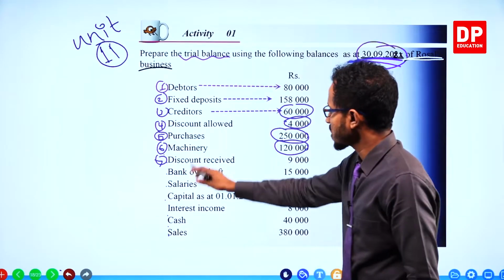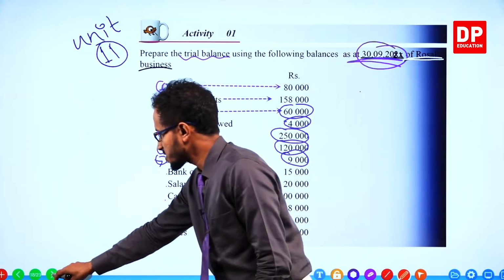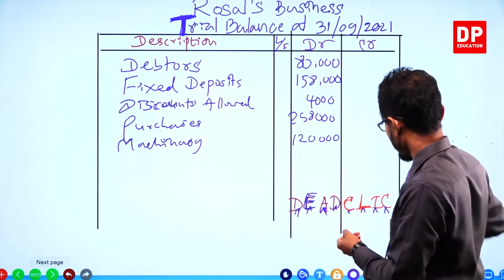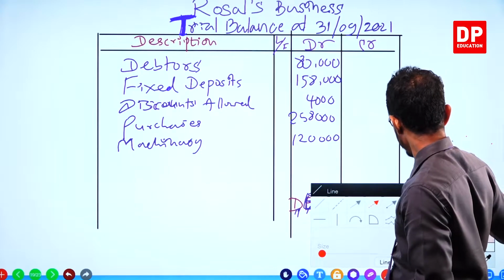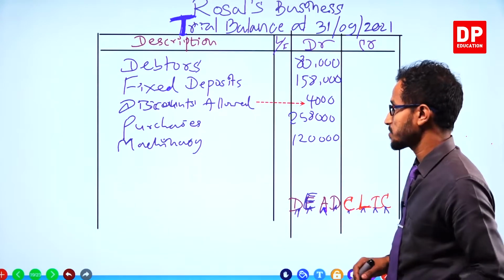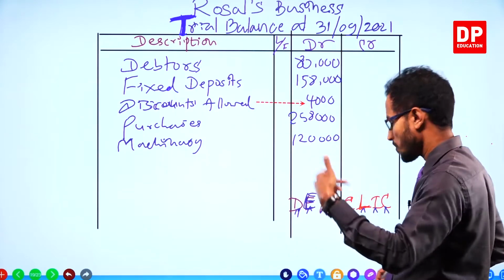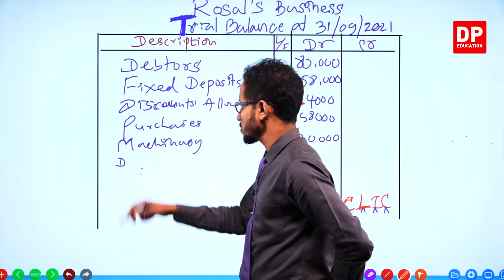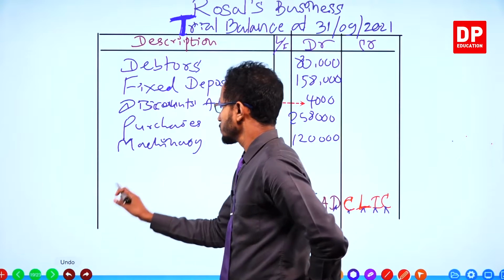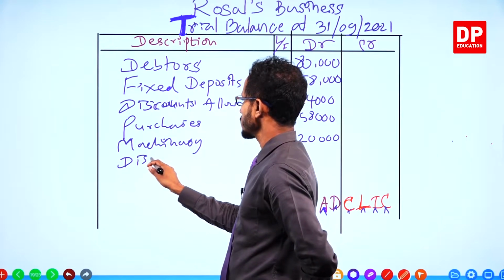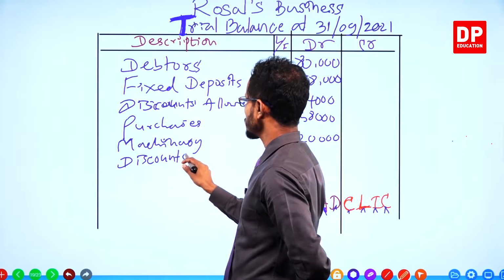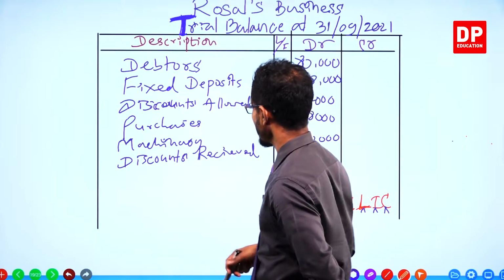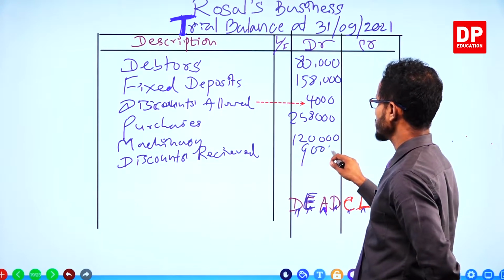Seventh, discounts received, 9,000. If discounts allowed is an expense, discounts received is an income. Let's write discounts received, 9,000 in the debit side. Is that correct?